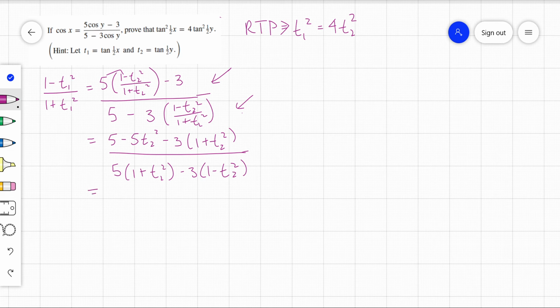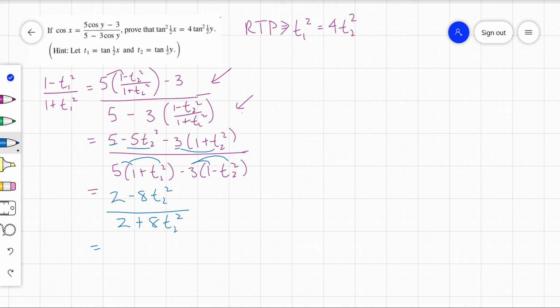Alright, so simplifying that now, I've got a 5 and a minus 3, so I've got a 2. Then this is all in terms of t2 on the right hand side, so minus 5t2 squareds and minus 3t2 squared, so I've got minus 8t2 squareds. And on the bottom I've got 5 minus 3, so again 2, and 5t2 squareds and positive 3t2 squared, so that's positive 8t2 squared.